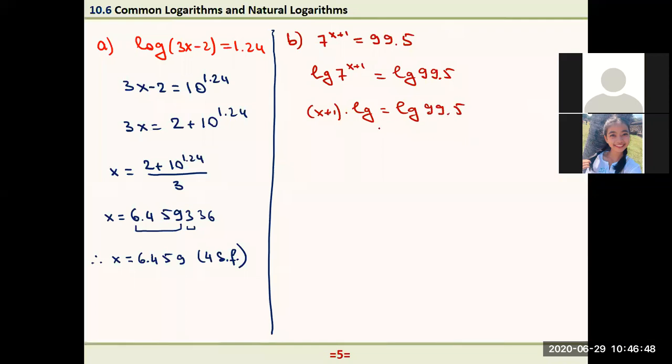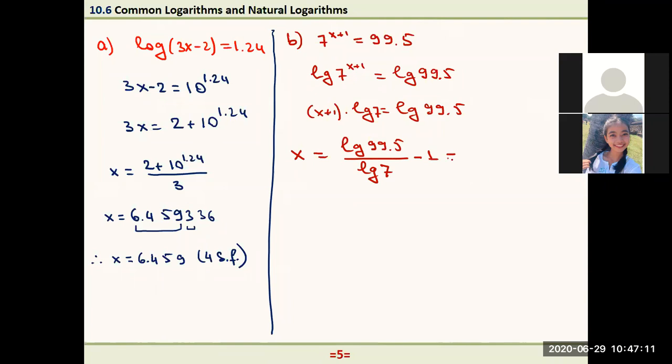Now, if I divide both sides by this and take 1 to the right-hand side, what do I get here? That x equals common logarithm of 99.5 over common logarithm of 7. And also here we have 1, take to the right-hand side, here we have minus 1.